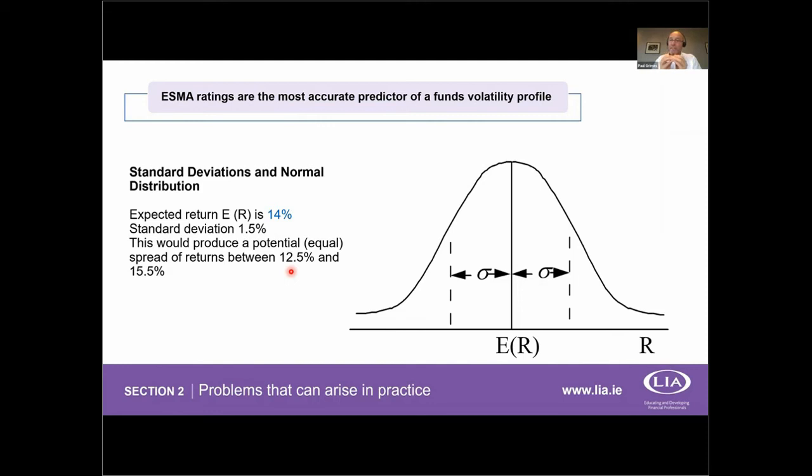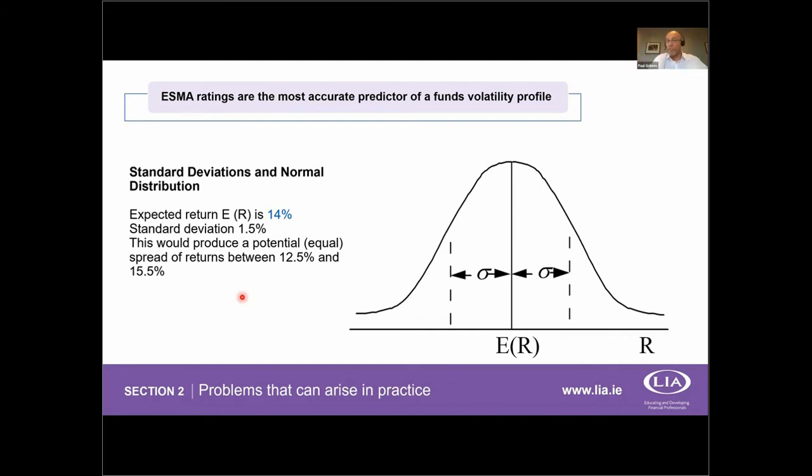It has in practice become a measure of volatility within the fund, or the performance of a fund. So the higher that standard deviation number, the more volatile the fund. By more volatile, what I mean is that the range of returns in the sequence is going to go, say, from 14 right the way out to, for example, minus 14.